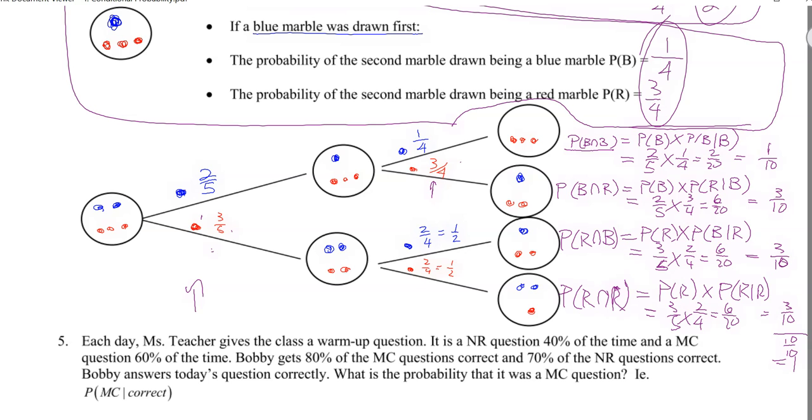Second draw, blue or red. 1/4 plus 3/4 is 1. Second draw in this case, blue or red. 1/2 plus 1/2 is 1. In these cases here, there are 4 possibilities. You get a blue, then a blue. You get a blue, then a red. You get a red, then a blue. You get a red, then a red. All of those have to add up to 1.